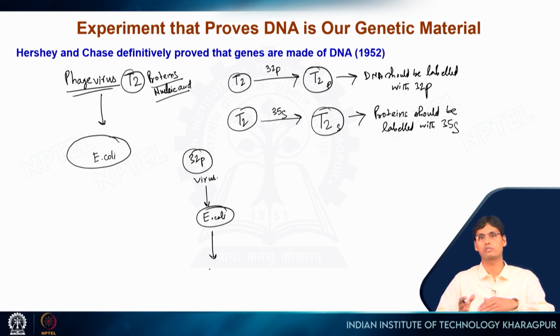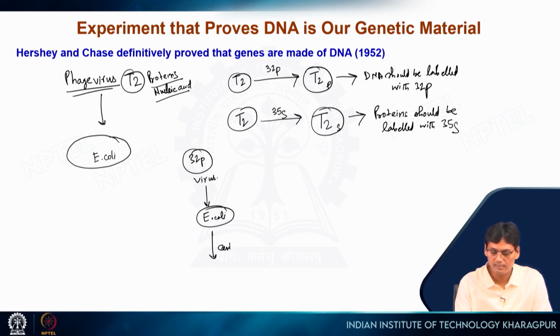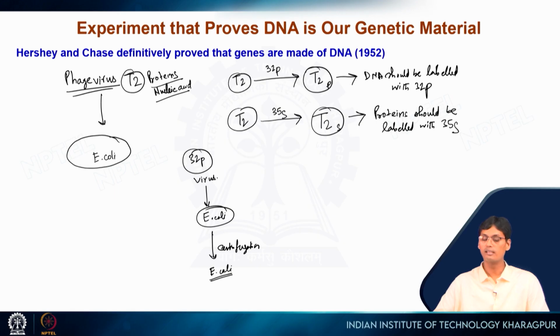Then they centrifuged it, and the small viruses stay in the supernatant, while bacteria are much heavier compared to T2, so they are at the bottom. They found E. coli cells at the bottom, and they found radioactivity inside the E. coli cells.